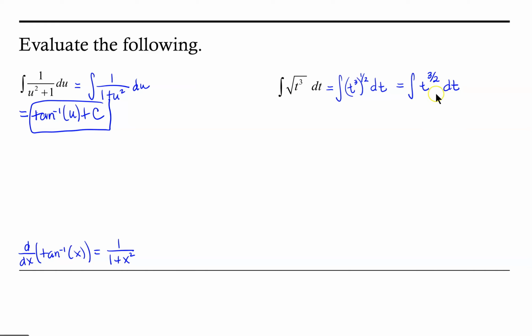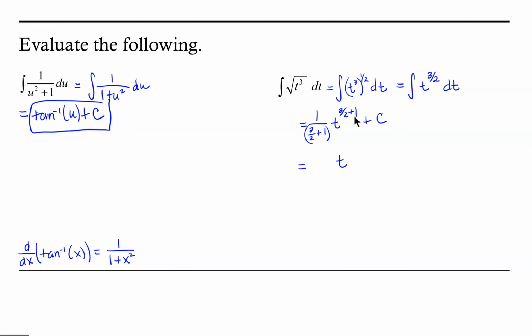And so we're able to leverage the power rule in this case. So we'll be wanting to add 1 to this exponent. So our antiderivative or indefinite integral is t to the 3/2 plus 1, multiplied by 1 over 3/2 plus 1, plus c. So 3/2 plus 1 is 5/2.